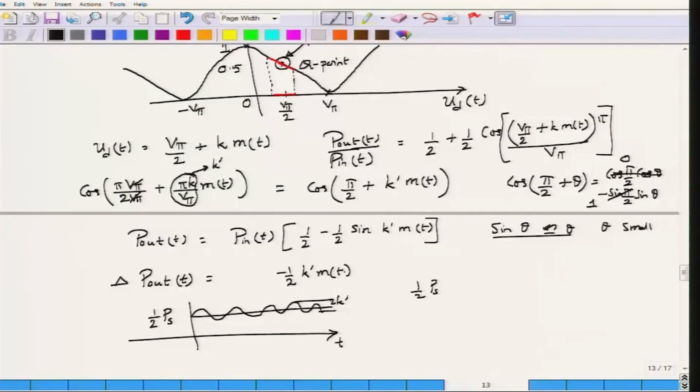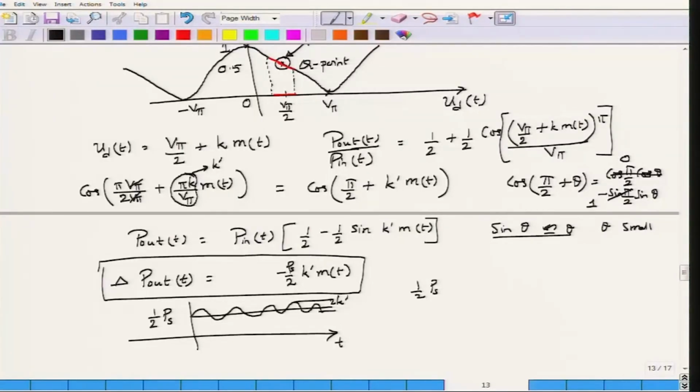This does not imply that the power itself is going negative, but please remember this is only the change in the optical power. So, what we have obtained here is, oh sorry, there is a Ps by 2 also, I am sorry I forgot to put that one. So, this change in the optical power is this fellow, where k prime is a very small number. So, this would essentially be the output, right.